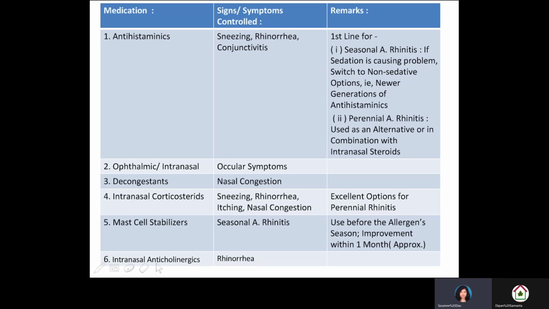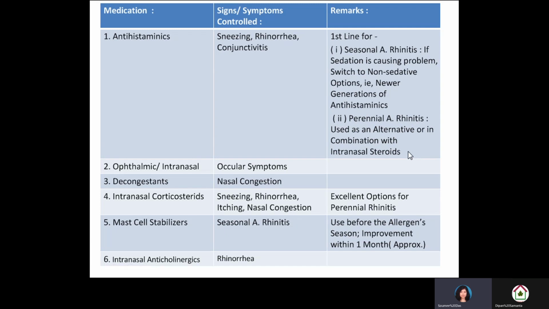Okay, the next is for perennial allergic rhinitis. Perennial means there would be no seasonal variation. Used as an alternative or in combination with intranasal steroids. So, in case of perennial allergic rhinitis, the antihistaminics are used in combination with intranasal steroid.